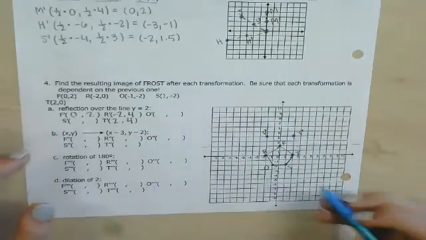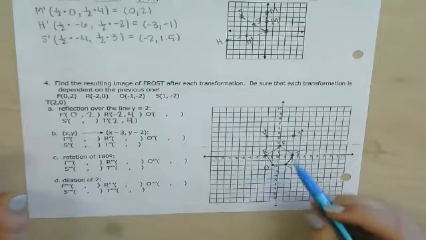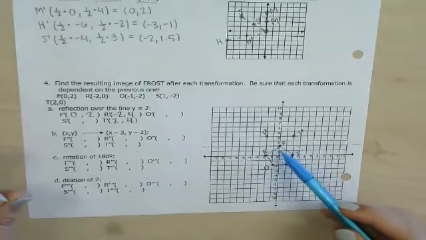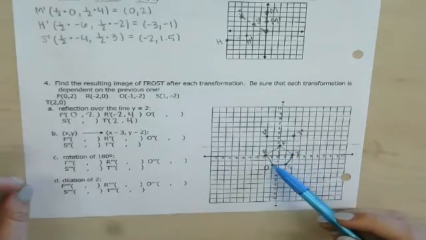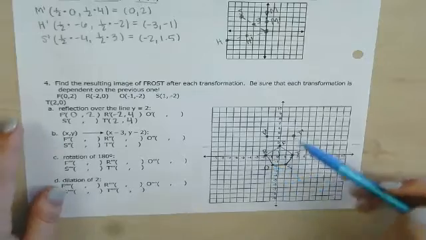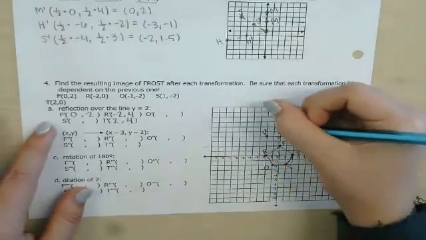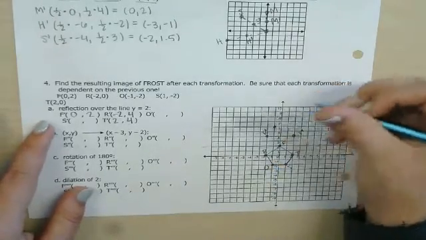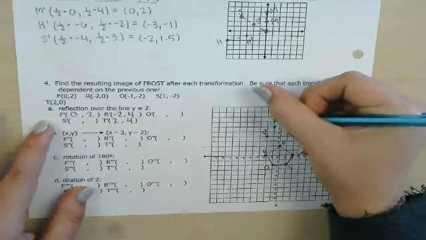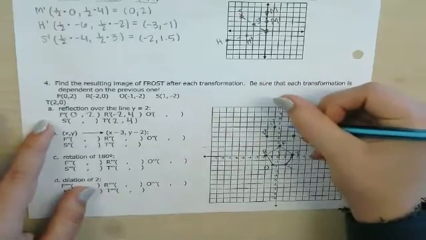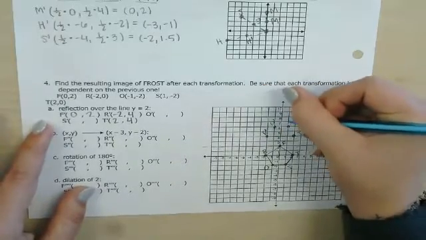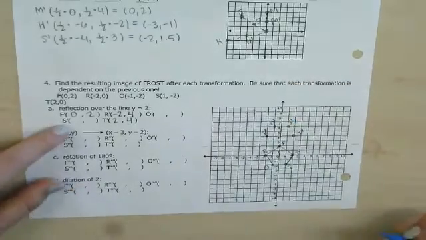All right, and then we're going to do the exact same thing for O and S, right? How many points below that line of reflection is point O? 4. So when I reflect it up, it should also be 4 above. So there's my O prime and my S prime, which would make it at 6.